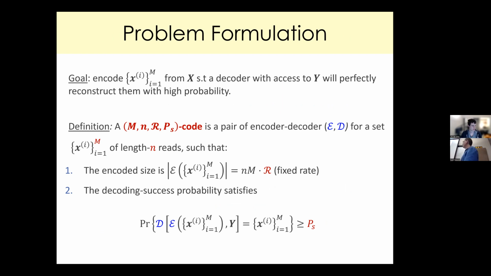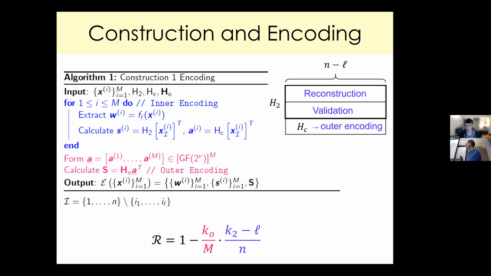R is the fixed compression rate, which is just the ratio between the encoder output and the encoder input size. And PS is another parameter of the reliability of reconstruction. Basically, we want the decoder to succeed in reconstructing the batch with probability at least PS. That's the problem formulation. And what we need is to find a code with encoder and decoder such that we get that.